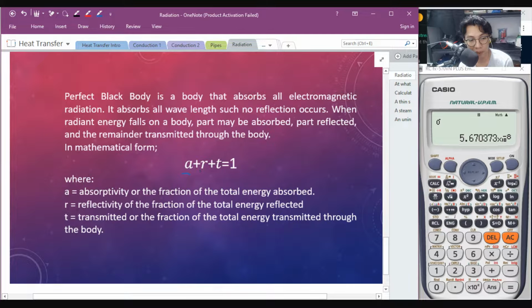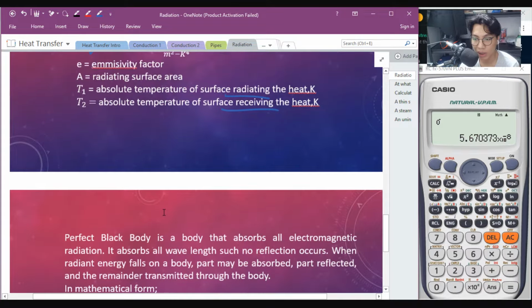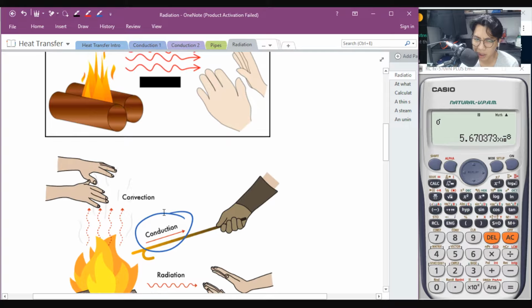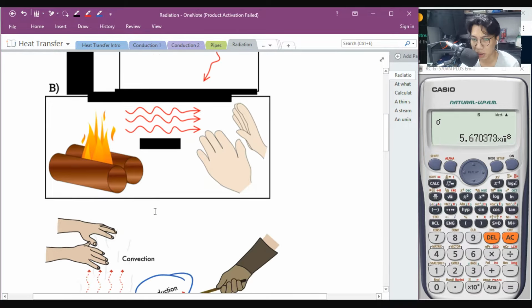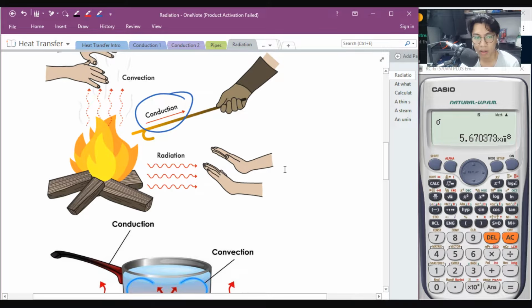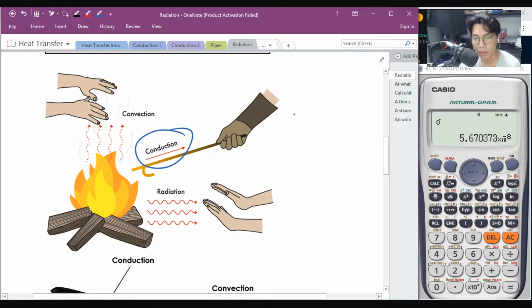R is the reflectivity, the fraction of the total energy reflected. And T is the fraction of the total energy transmitted through the body. So that is equal to 1. Napakadali lang po ng radiation. So sa heat transfer, kung sa conduction, meron tayong catex.